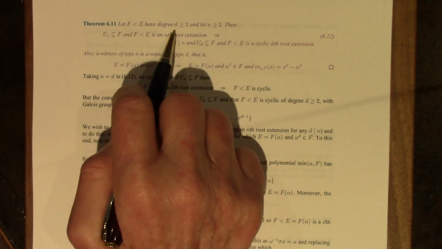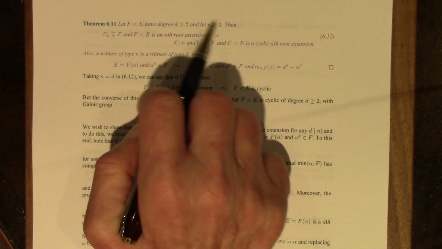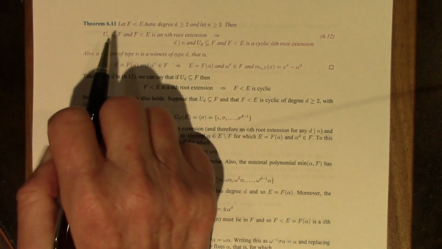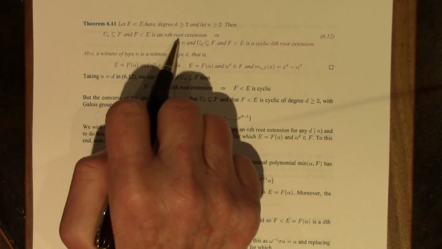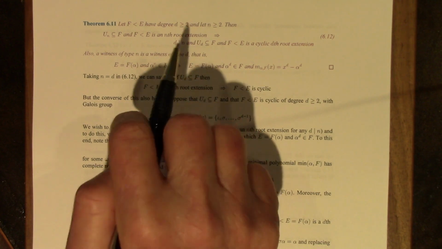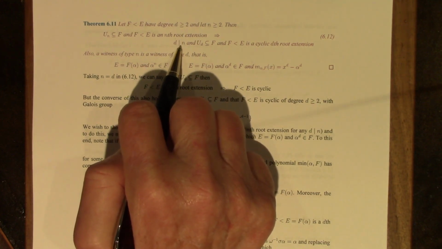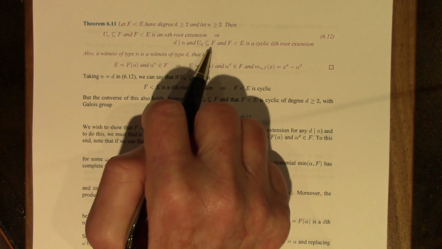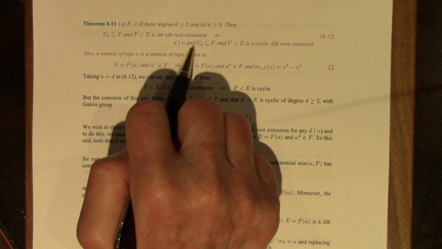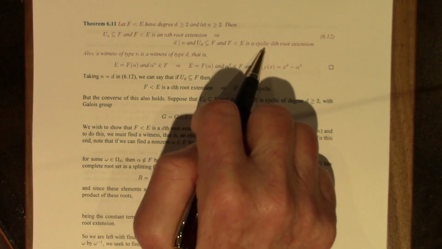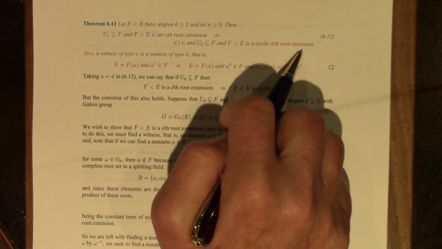So, theorem, just what I've just said, really. Suppose that FE has degree D greater than or equal to 2, and let N be greater than or equal to 2. Then if UN is contained in F, if the base field contains the nth roots of unity, and if FE is an nth root extension, then D divides N, UD is contained in F, because D divides N and because UN is in F, and FE is a cyclic dth root extension.